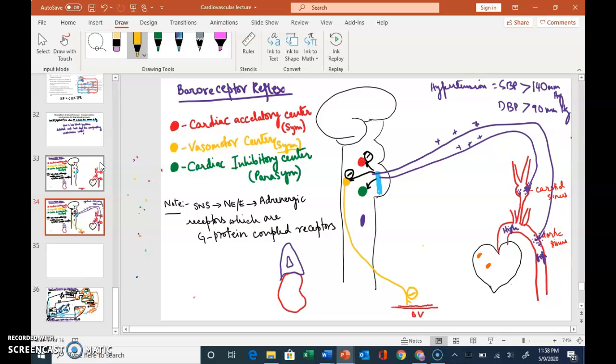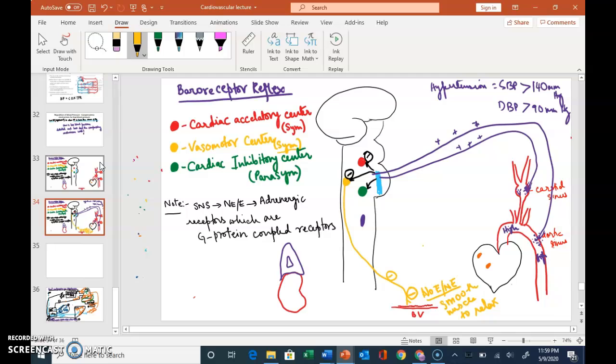None of those happen. So we will have an inhibitory effect on the blood vessel, meaning there will be no epinephrine or norepinephrine, and that will result in the smooth muscle of the blood vessel relaxing. So there will be relaxation of smooth muscle of the blood vessels.